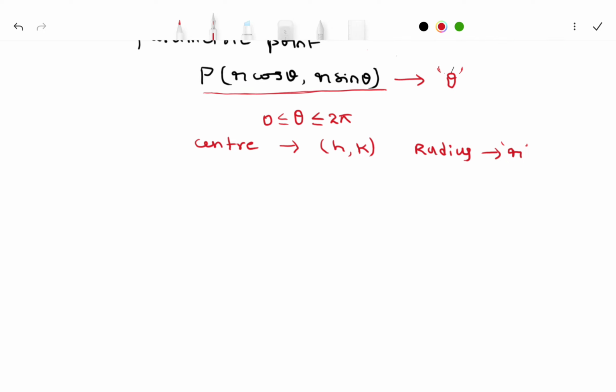Simple. Here you know that one concept is there. What is that concept? When the origin is shifted to another point, the new coordinates will be capital X is equals to small x minus h, comma, capital Y is equals to small y minus k.